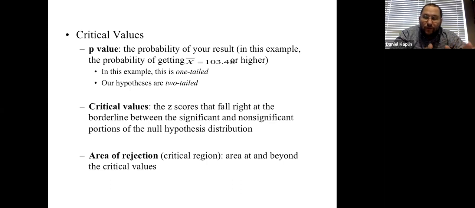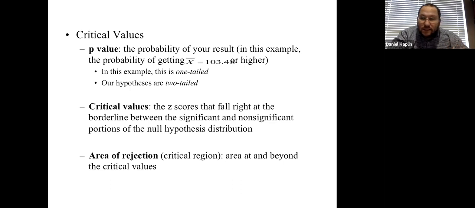So critical values are in the back of the book, the score that needs to be met or exceeded to reject the null. So as it relates to z-scores, I'll tell you, we need a score of 1.96 in the plus or minus as our critical value.